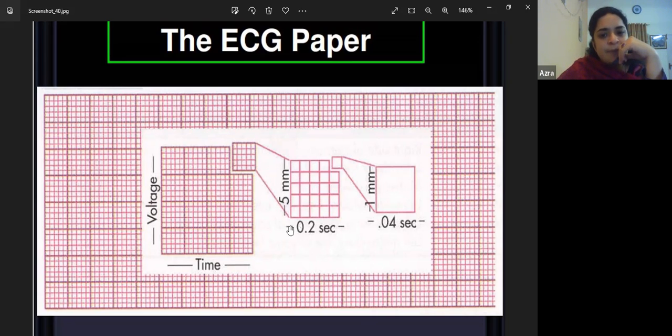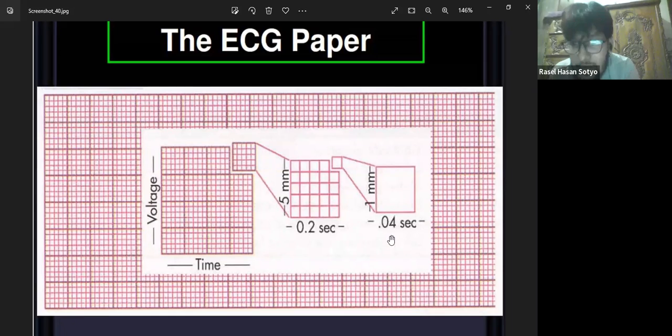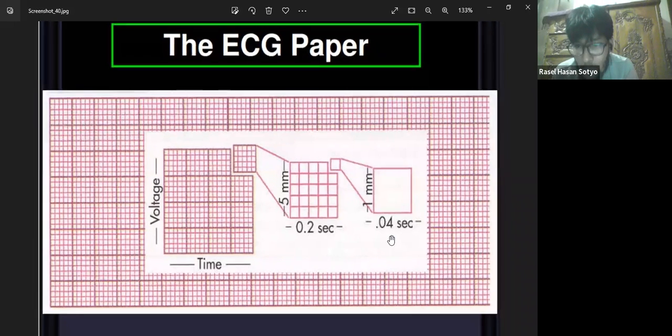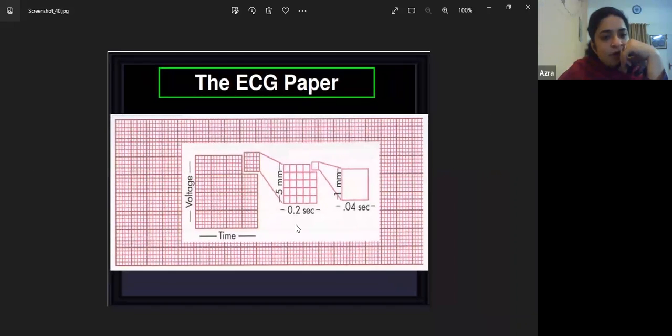So this is 5 mm, which is equal to 0.2 seconds. So 1 mm is 0.04 seconds. This is the same thing I told you before.